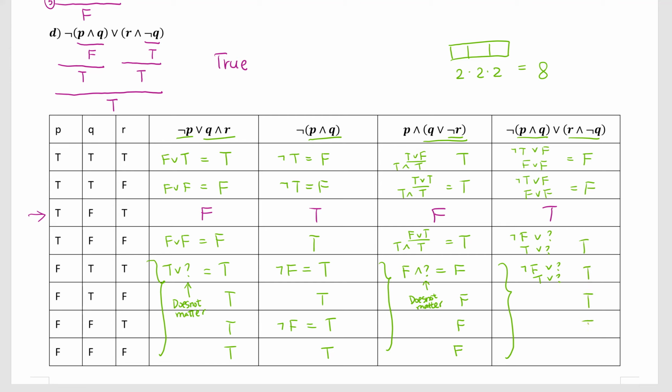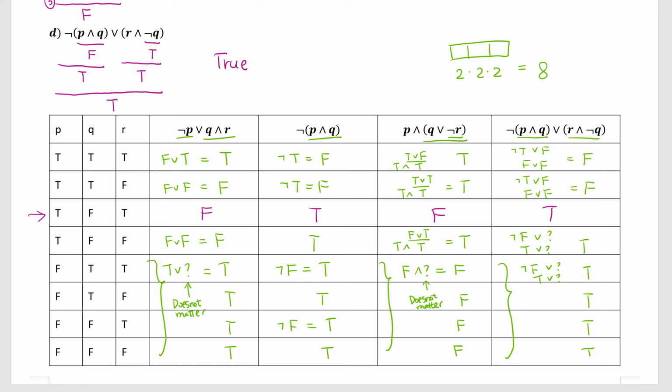So all of these are going to be true. Because if P is false, then in this statement P and Q will be false, not (P and Q) is going to be true, or whatever is going to be true. So we can figure out all of these 4. So far so good, everybody?